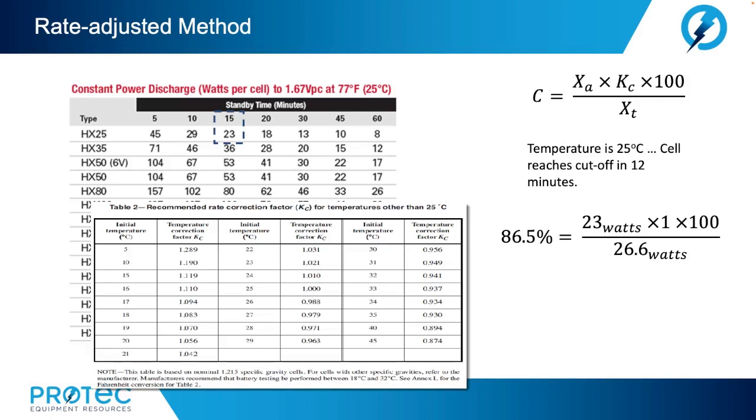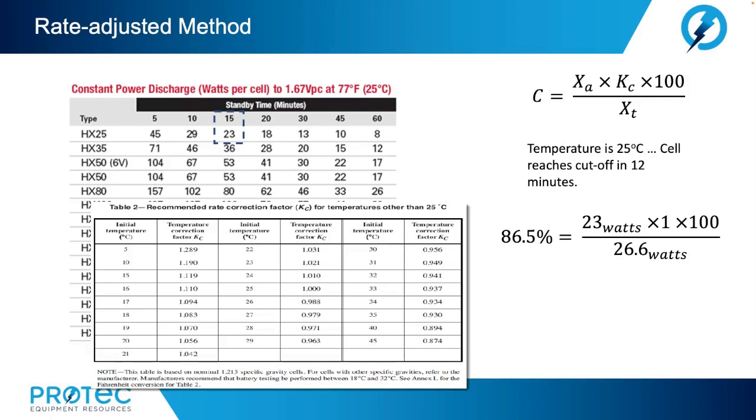And the 26.6 watts would be the actual, based on the actual time that the cell reached cutoff. Now, you notice on the data sheet, we have to extrapolate a little bit here because we have a watts per cell value for a 10-minute rate and a watts per cell value for a 15-minute rate.